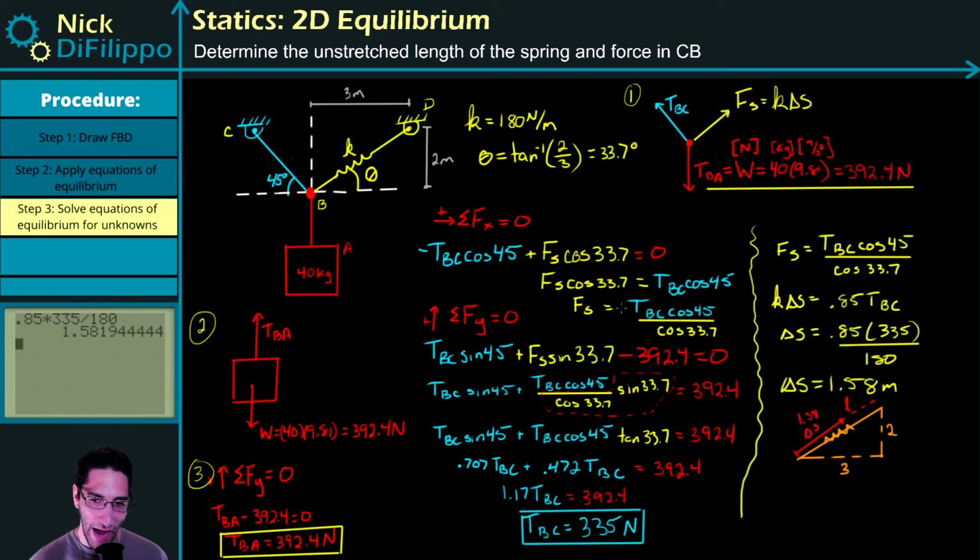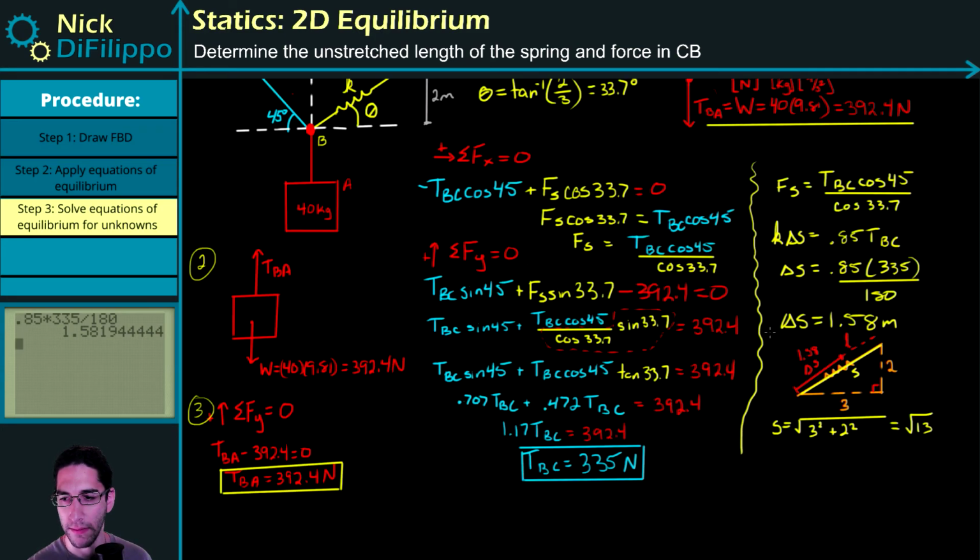Well, I can solve for what L is by looking at this. This is a right triangle, right? So I know this entire distance. Let's just call it S. S is going to be equal to the square root of 3 squared plus 2 squared, or what's that? 9 plus 4, the square root of 13, right? Pythagorean theorem.